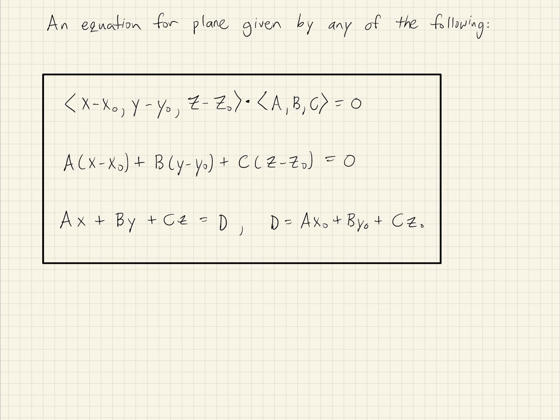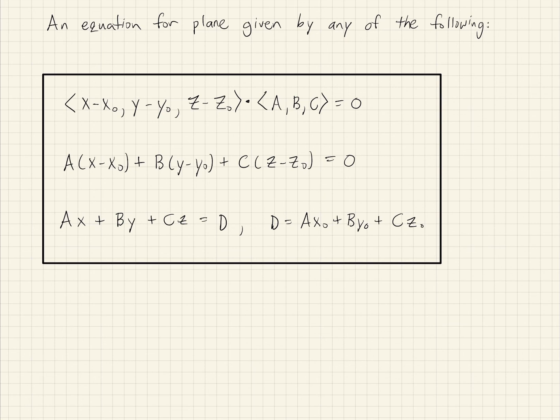Instead of x minus x0 times a, we've written it a times x minus x0. But there's no issue there because the multiplication commutes. And so we get this second equation. I believe the book calls this the component form of the equation of the plane, and it very clearly and immediately comes from that vector form above.